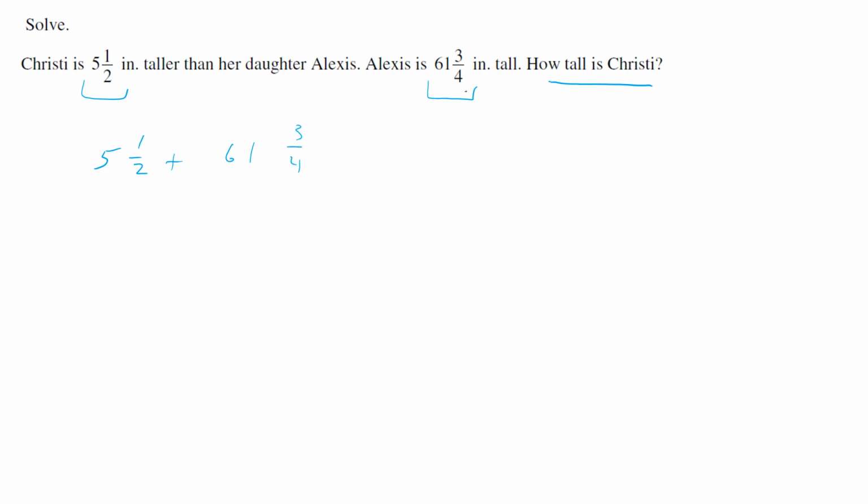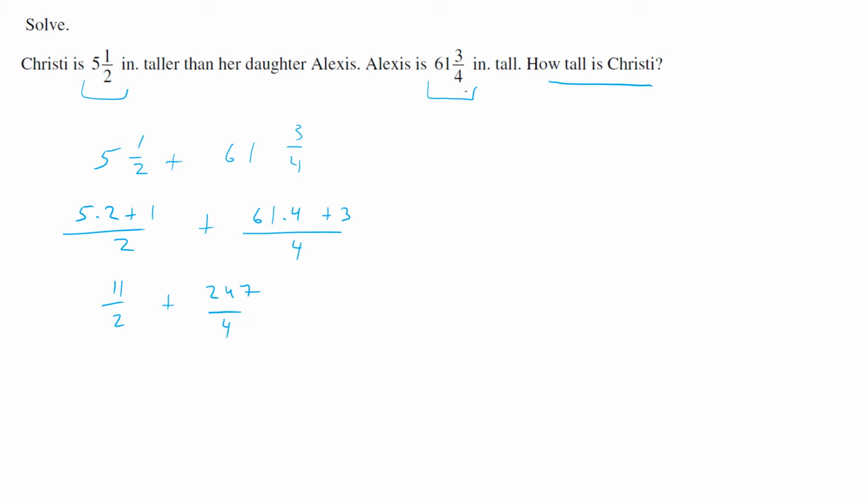So we're going to convert these to improper fractions. So 5 times 2 plus 1 divided by 2 plus 61 times 4 plus 3 divided by 4. So 5 times 2 plus 1 is going to give us 11 over 2 plus 61 times 4 plus 3, that's going to give us 247 over 4.